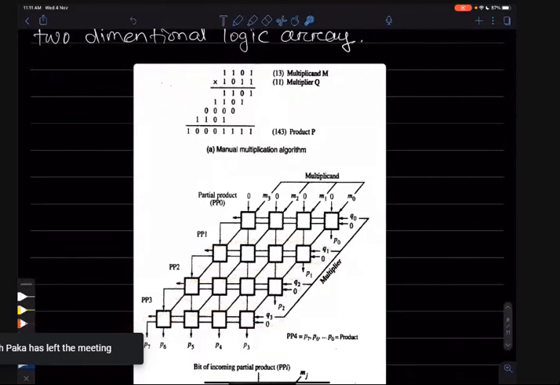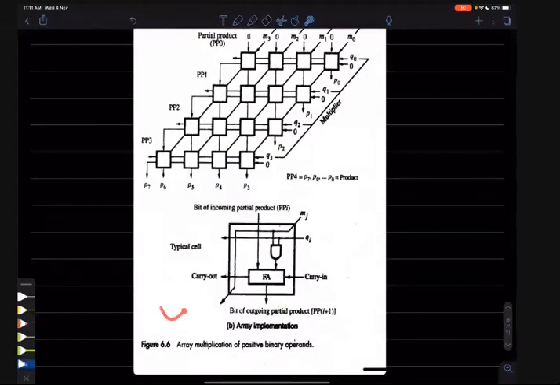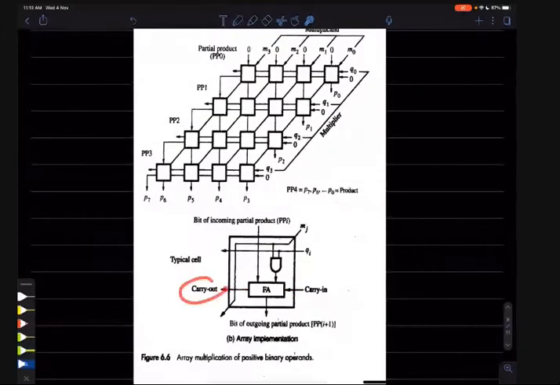Done. So hopefully you understood this one. Very easy, because the full adder circuit is the same. It will take an input and send one output, and a carry out. The carry out will go to the next block again as a carry in to that block.